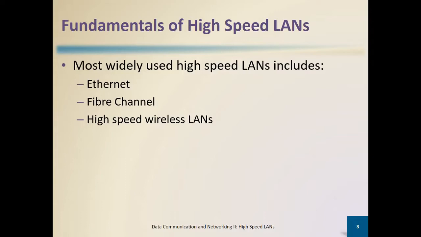Okay, so fundamentals: the most widely used high-speed LANs include Ethernet. Ethernet happens to be the easiest standard, well implemented to address high-speed LAN transmission. We also have Fibre Channel as well as high-speed wireless LANs, which today are all over the place.